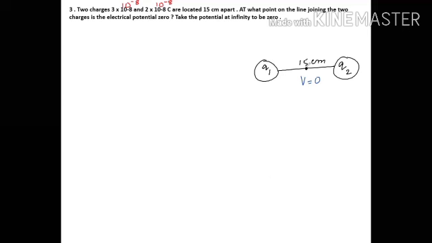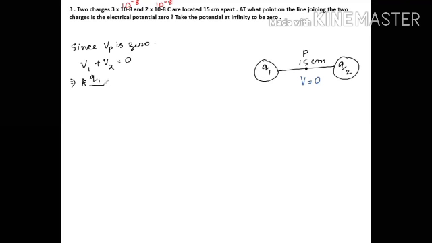So here, let's say this point is P. The potential at point P will be due to these two charges, Q1 and Q2. Now since the potential at P is 0, therefore V1 plus V2 is equal to 0. What is V1 now?